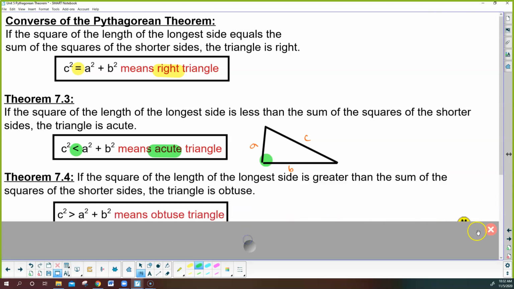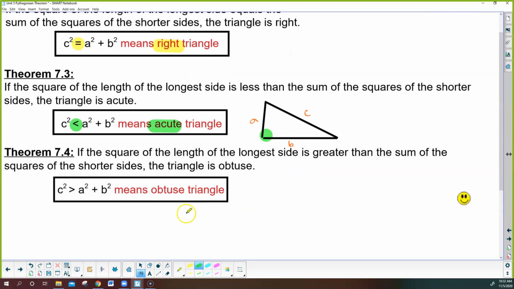All right, so then you can probably guess what happens if C squared is bigger than A squared plus B squared. Now, there's an important reason we wrote C on the left-hand side. If you do that, then the relationships that I'm going to show you will always be true.